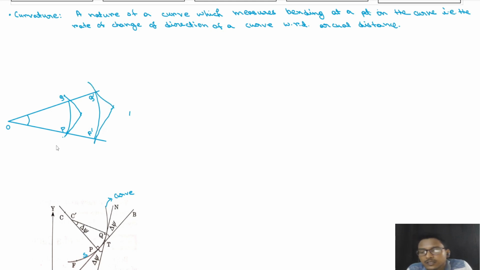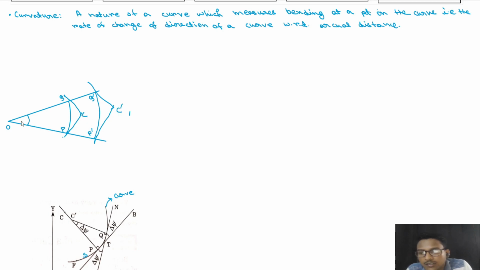Okay, now see, as we have assumed that PQ and P dash Q dash are arcs of concentric circles centered at O, call this point to be C and this point to be C dash.